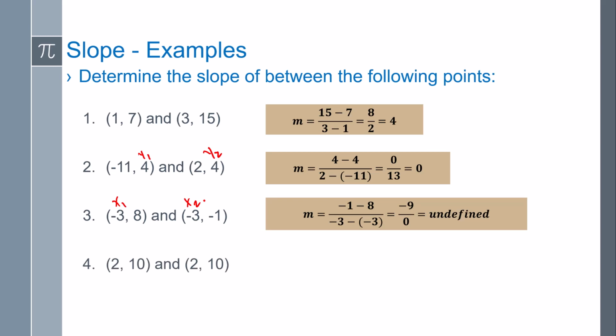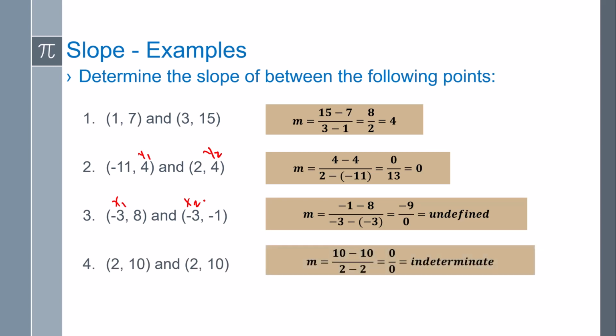Now what happens when they are the same point? You get 0/0, and that's a special case we call indeterminate. We focus on this more in pre-calc and calculus, so just know that it has meaning. The 0/0 actually has meaning. It's special.